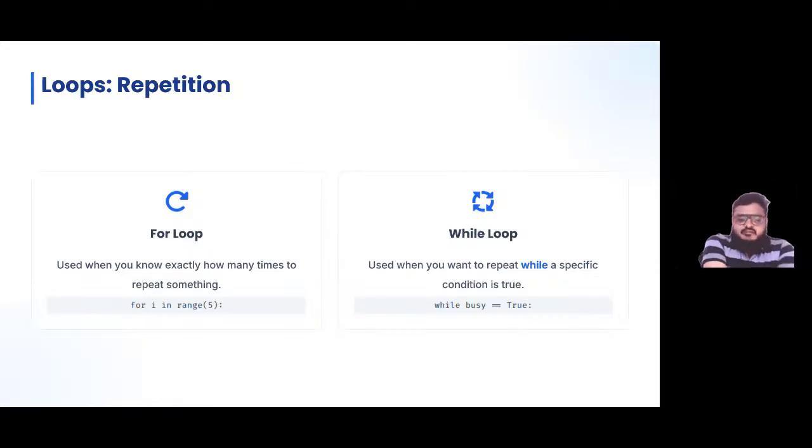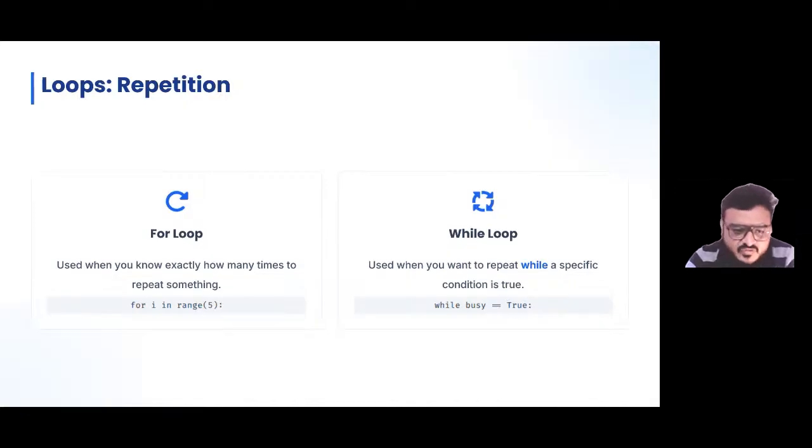Loops. When we have to do certain tasks again and again, then we'll use loops. When we know our program will run for a certain amount of time, say 10 times, then we will use the for loop. When we don't know how many times our condition will run, then we will use the while loop.